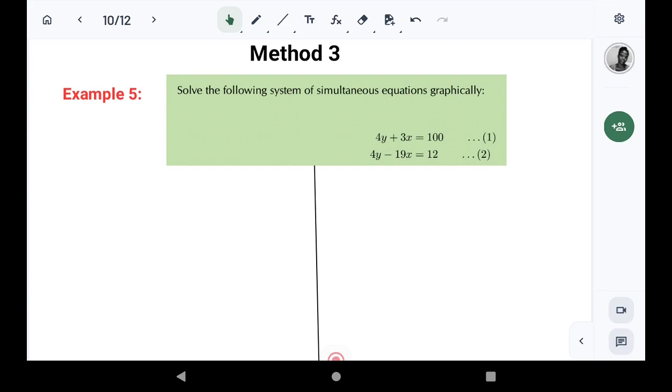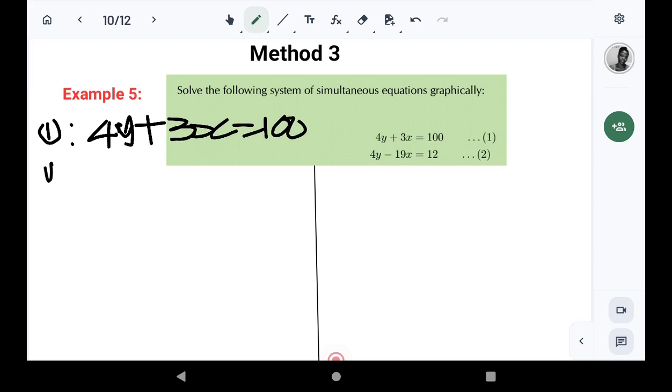Okay, let's start with the first one and find the coordinates. Intercepts. All right, so for the first one, we're going with 4y plus 3x equals 100.